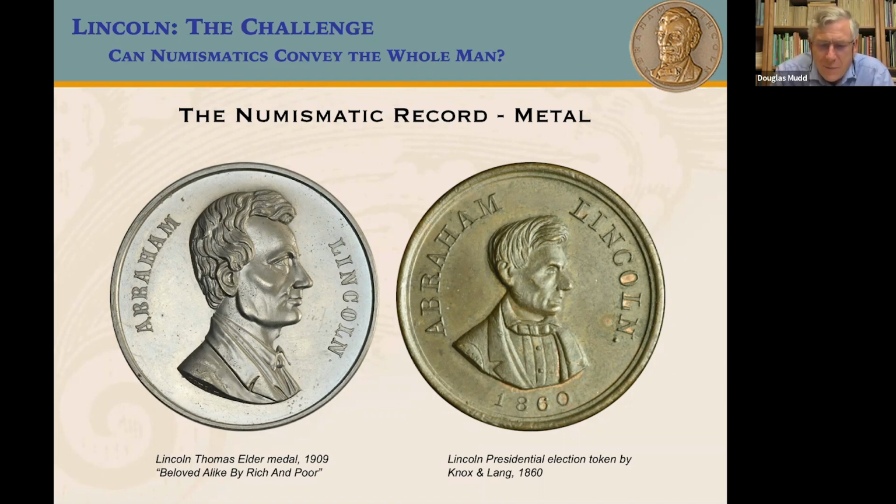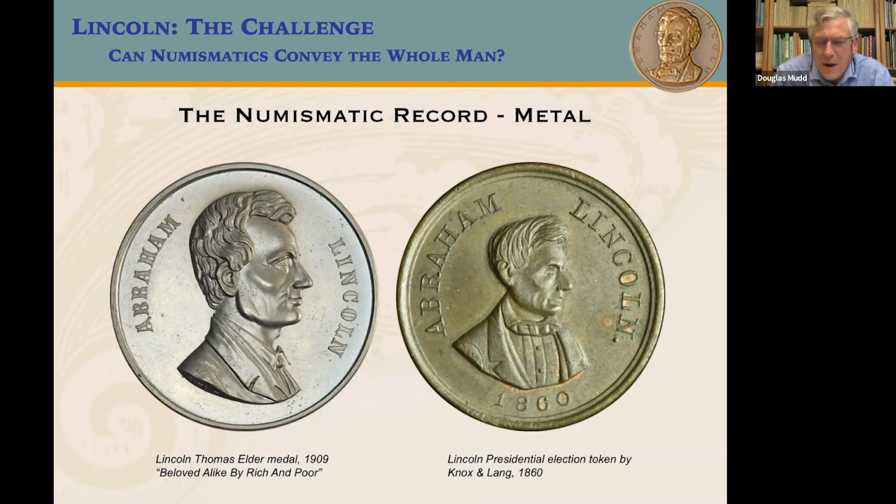Then we get the presidential election token by Knox and Lang here on the right from 1860, and this is a poorly done, probably a very quickly done image. And I'm not sure why anybody would have selected to use this, because if anything, it doesn't capture any of the noble features of his portrait.